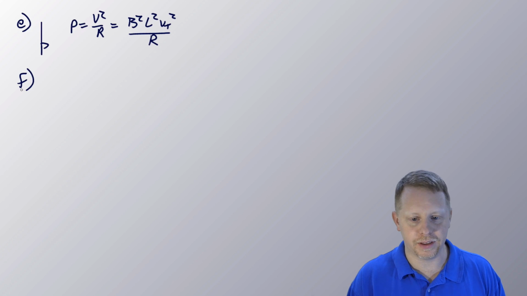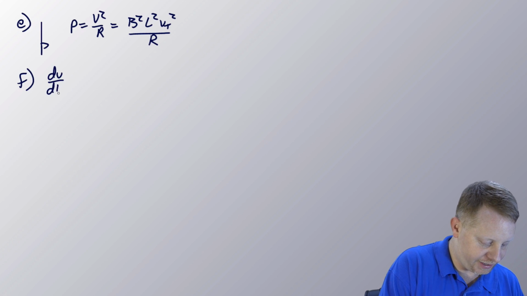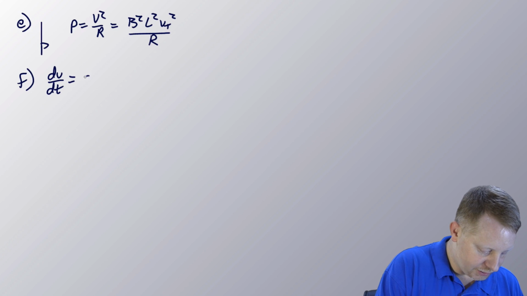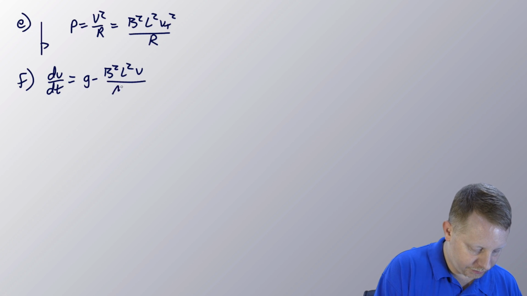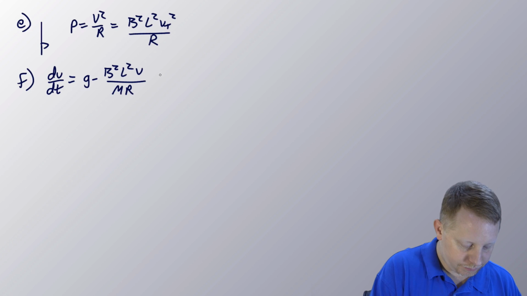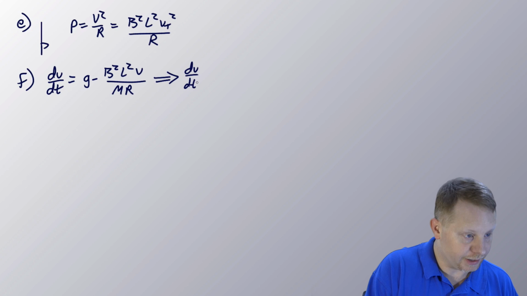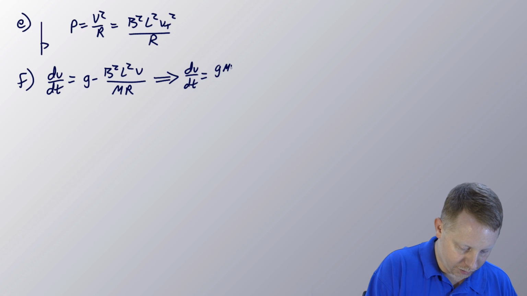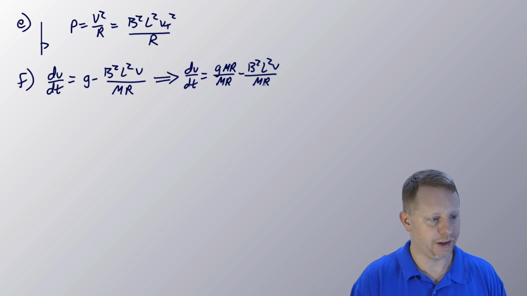Okay, as we do this, we start off with our differential equation, dV/dt equals g minus B squared L squared V divided by capital MR. This implies then that dV/dt equals gMR over MR minus B squared L squared V over MR, trying to get to a common denominator.